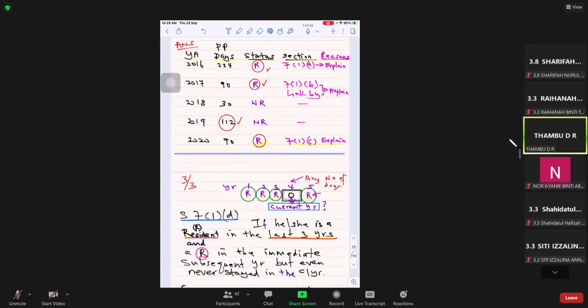So now you read the definition. Right? This is next year. Next year, you are resident. Last 3 years, you are resident each of those years. Current year, you'll be resident.